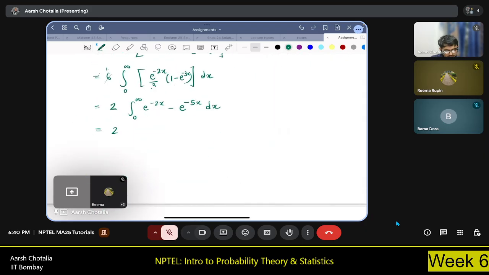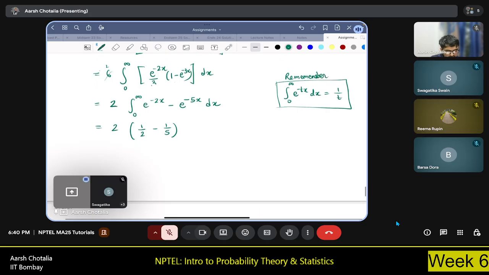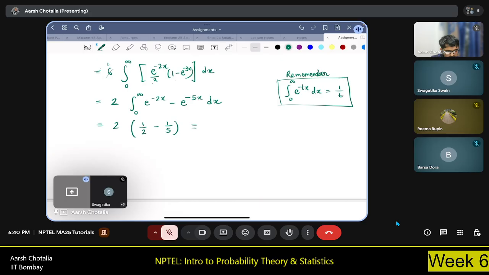Okay. Now this would turn out to be 1 by 2 and 1 by 5. In general, the integral from 0 to infinity of e raised to minus tx dx is 1 by t. Just remember, it's a nice thing to remember so that you don't have to do it every time.